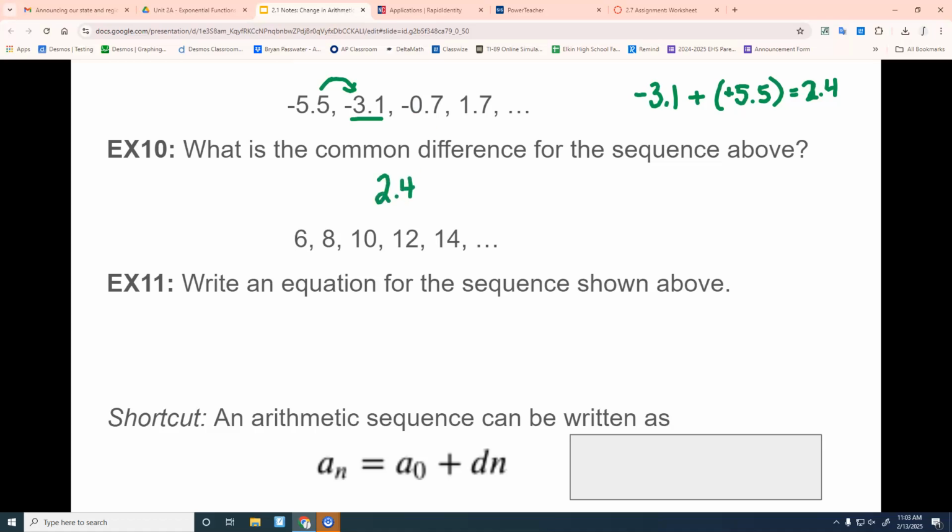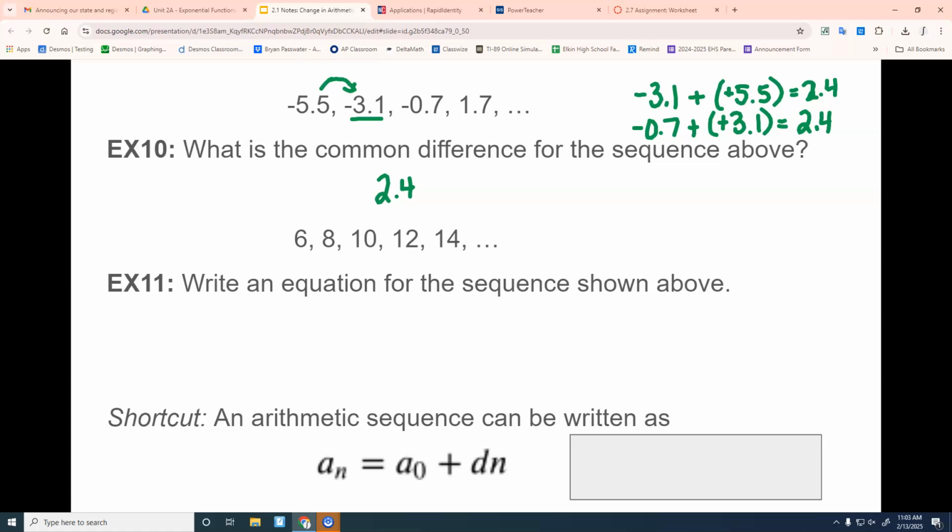You can check it with the other terms. If you take -0.7 and subtract -3.1, it doesn't matter which term you use. If you take a term and subtract the one before it, you should get that common difference again, and this also gives you 2.4. What about 1.7 minus -0.7?